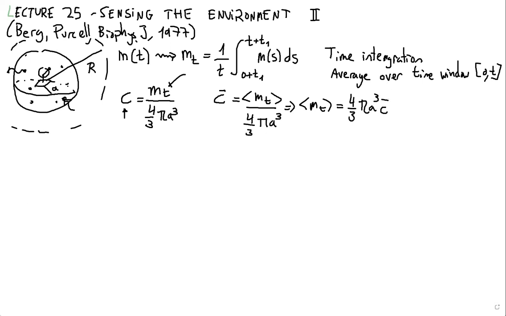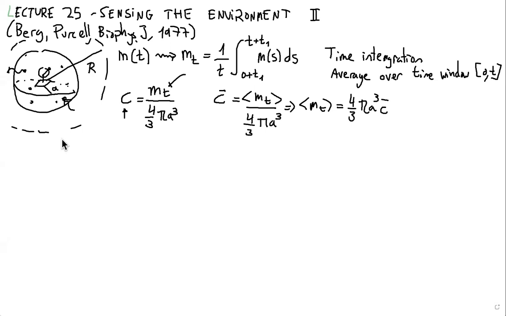Okay, this was the first thing, but I'm mostly interested, and this is what I discussed the other day, in the errors and how precise a cell can be, well, this is the perfect cell, so it can't be better than this. How precise can the measurement of a concentration be if you have a device that counts the number of molecules?